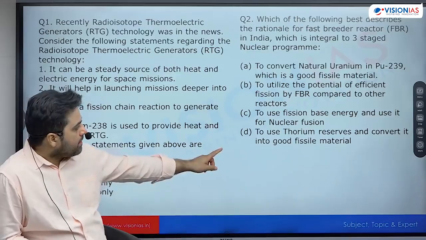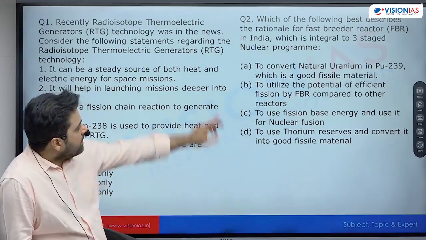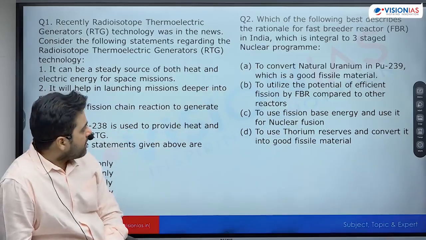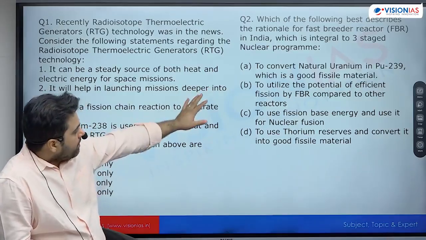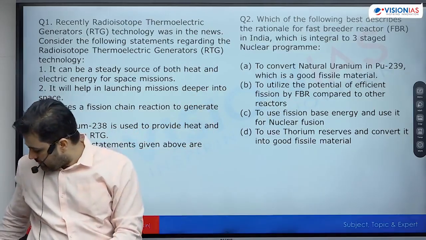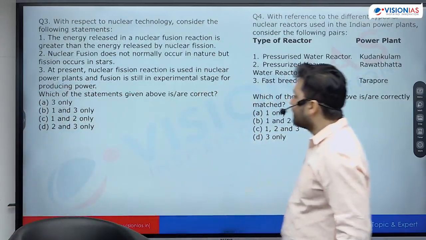To use thorium reserves and convert into good fissile material. So first, yes, we are doing that, but in the first stage, in the pressurized heavy water reactor. Second, not at all. Third, that's a made up statement. Fourth is the correct answer. Look at this question.